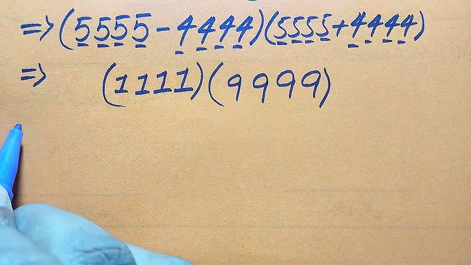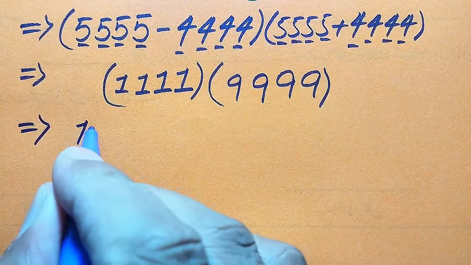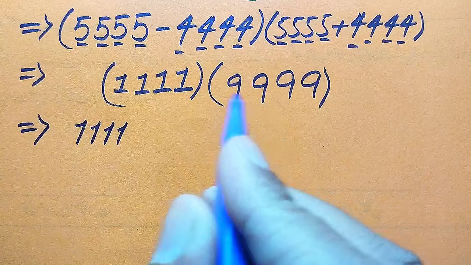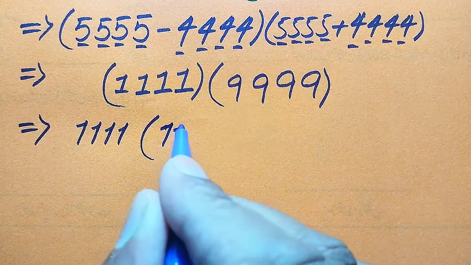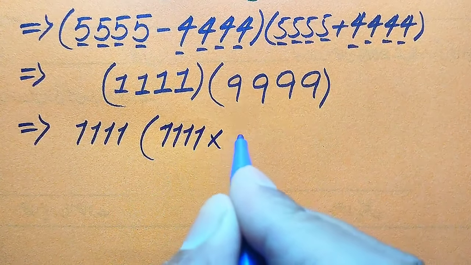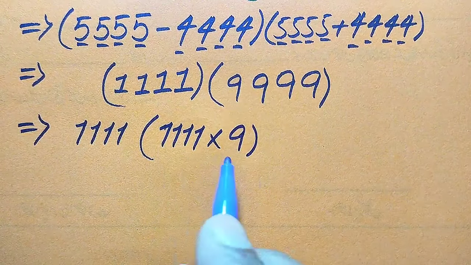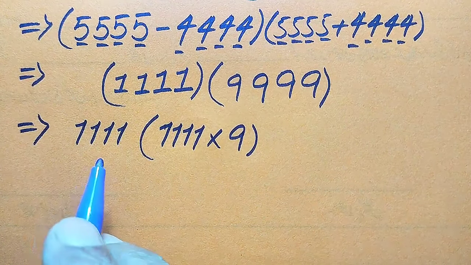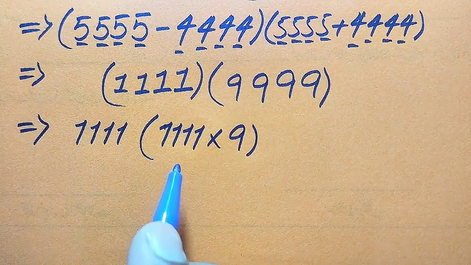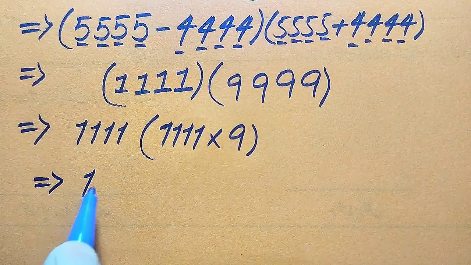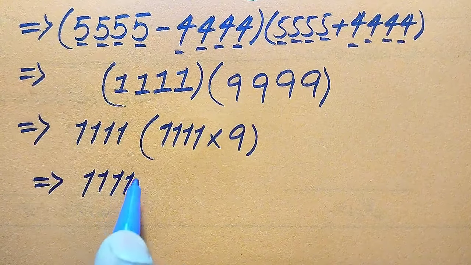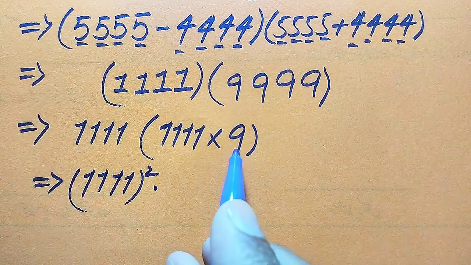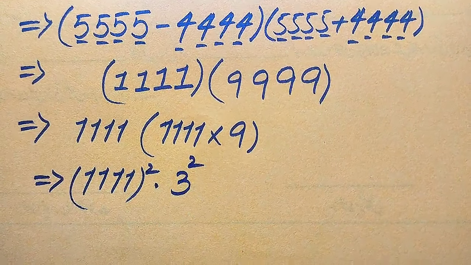In the next step we need more simplifications. First we write this 1111, and we write this 9999 as 1111 multiplied by 9. When you multiply these two values, it becomes 1111 whole square, and here we write this 9 as 3 square.